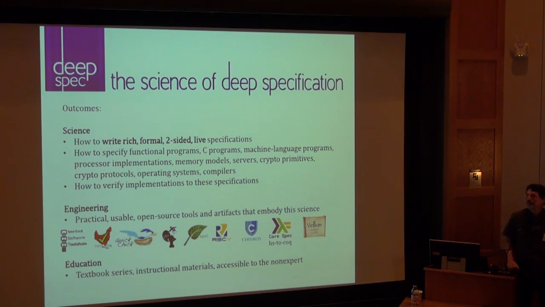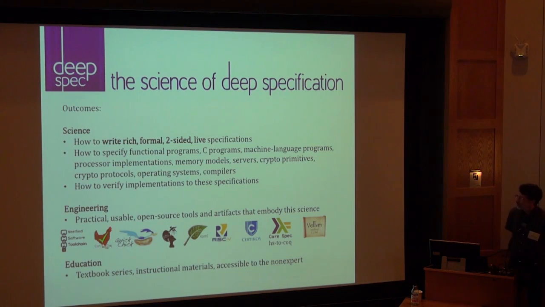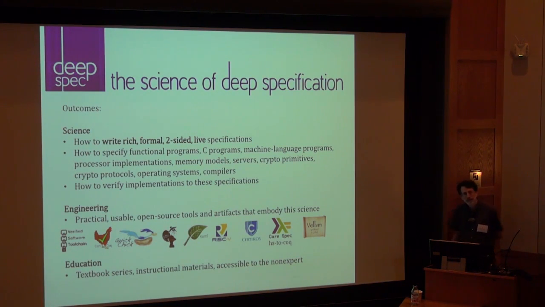Other questions? Yes? Do you have any insight in advantages or disadvantages in using a verified C like we see here, and, for example, a built-in verifier like they have in Dafny or something like that? So the question is, what are the advantages and disadvantages of verifying C, as I've described here, or doing something more like the Dafny system? The Dafny system is very nice.